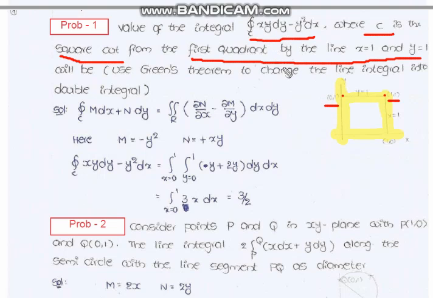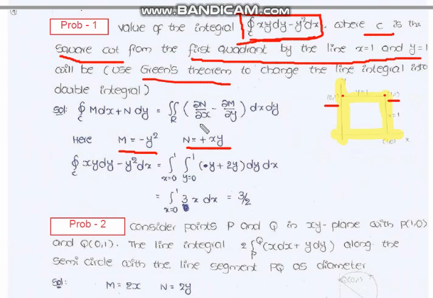Now we have to identify the values of M and N, and then obviously use Green's theorem here. So we have to identify the M and N functions, which are functions of x and y, from this integral. Clearly M is minus y square and N is plus xy.